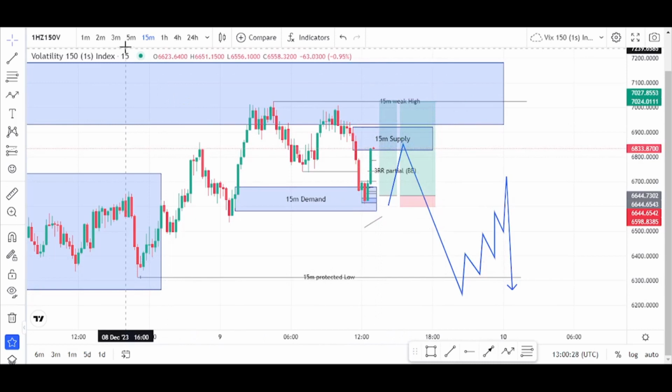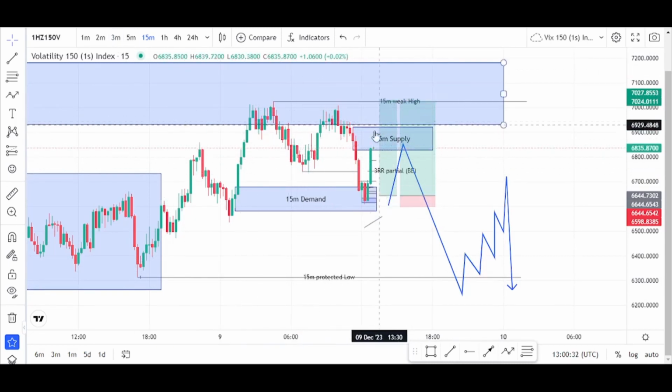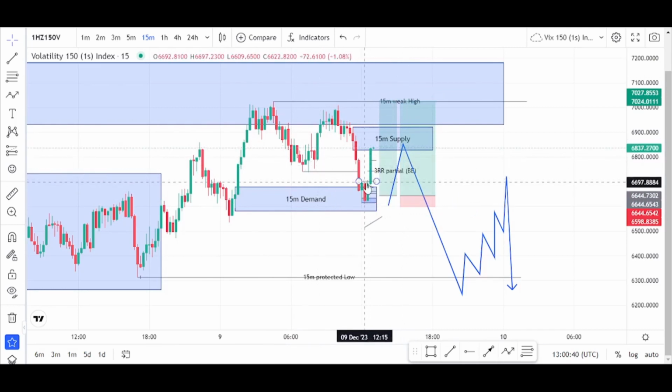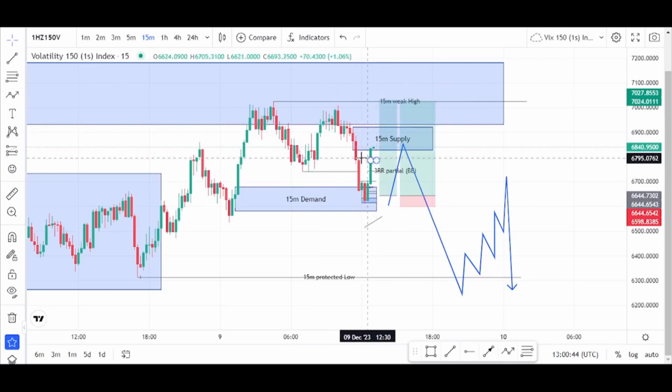But really, what we did here, we left liquidity, hence this made that demand zone higher probability. Here we never made any liquidity before we targeted this 15-minute supply, hence lower probability. Hence, if that's the case, use a lower risk percentage, not lot size.